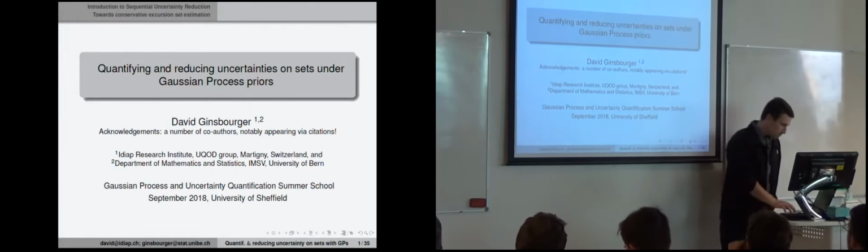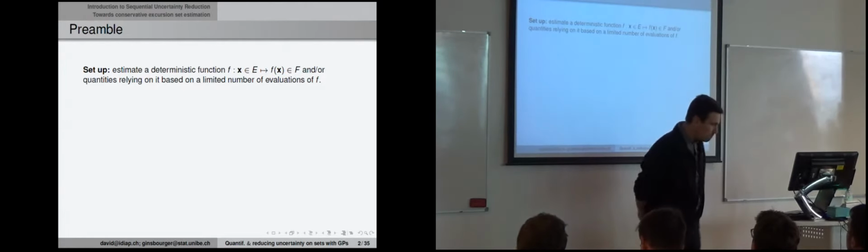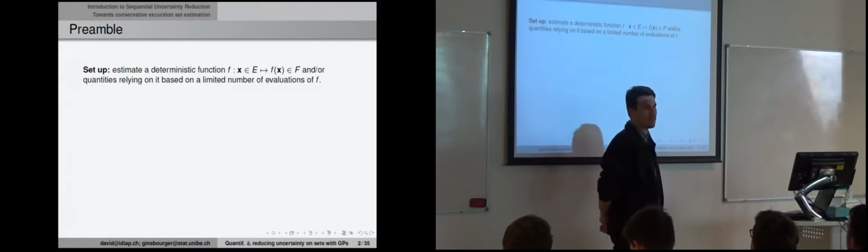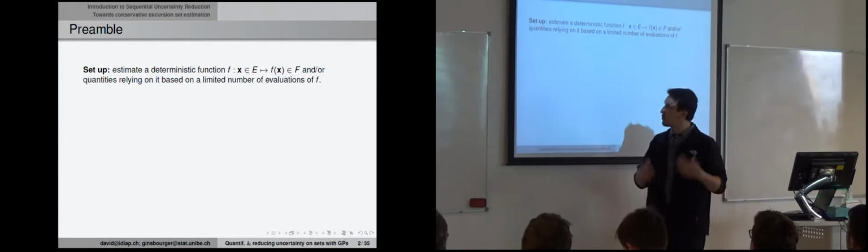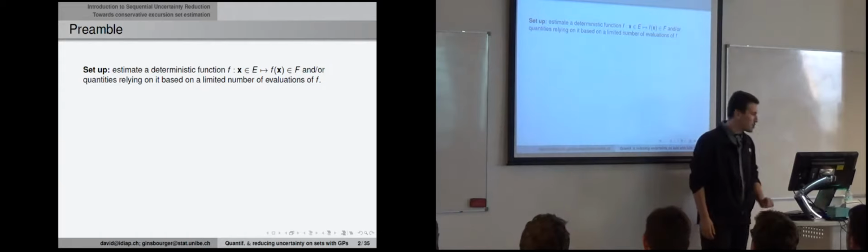So before we go and speak about set estimation, I would like to introduce a bit the settings and maybe go through some stuff that you already know from the other talks on GPs and on Bayesian optimization.